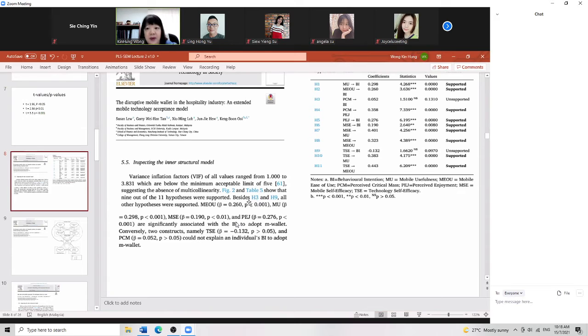All right, so this figure 2 shows which were supported. This one, those were not supported. All right. Okay. You see here. Okay. So 0.98, p-value, right? This one p-value less than 0.01.